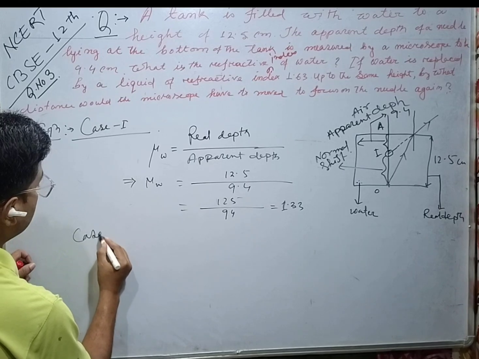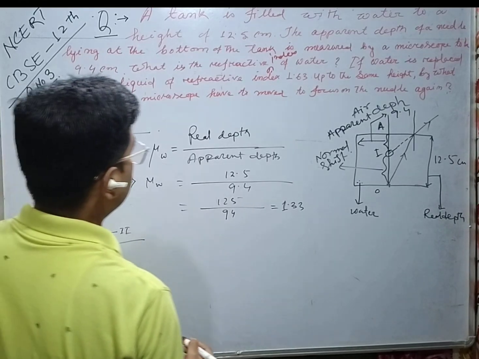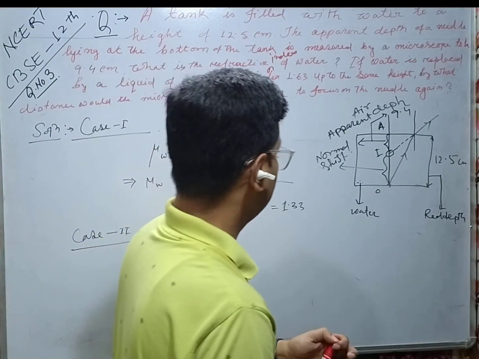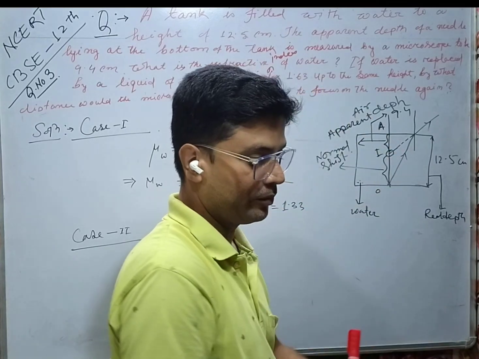Now for the second question, I use case 2. Here the refractive index of the other liquid, which is filled up to the same height, is 1.63.